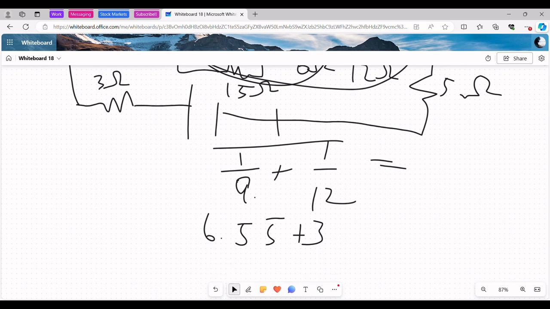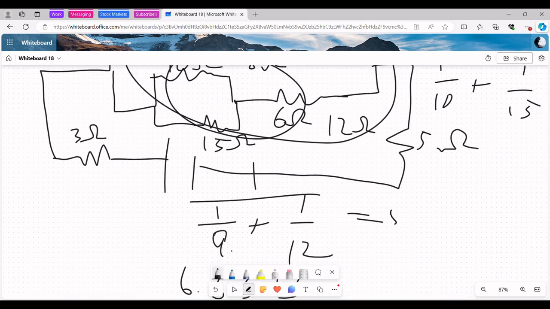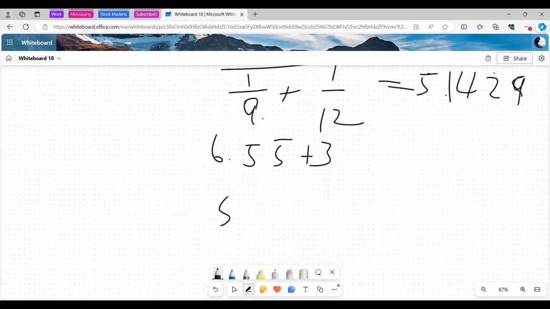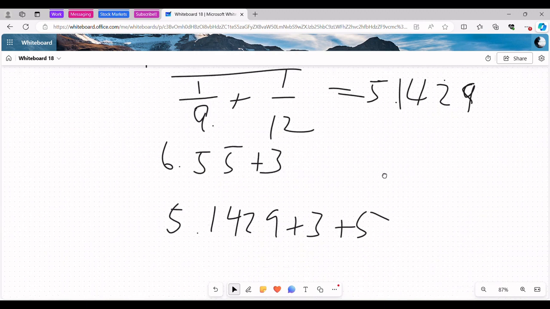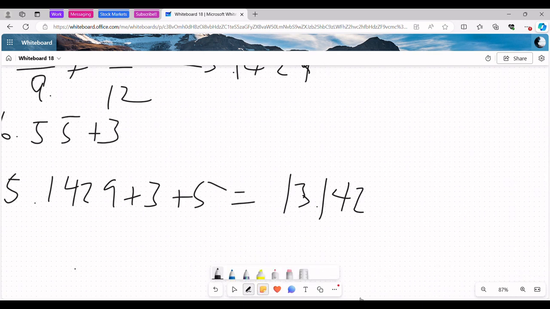This is 5.1429. So then we just add up all of this resistance: 5.1429 plus 3 plus 5, because we get 3 ohms from here and 5 ohms from here. And this equals 13.1429 ohms. And that's the total resistance.